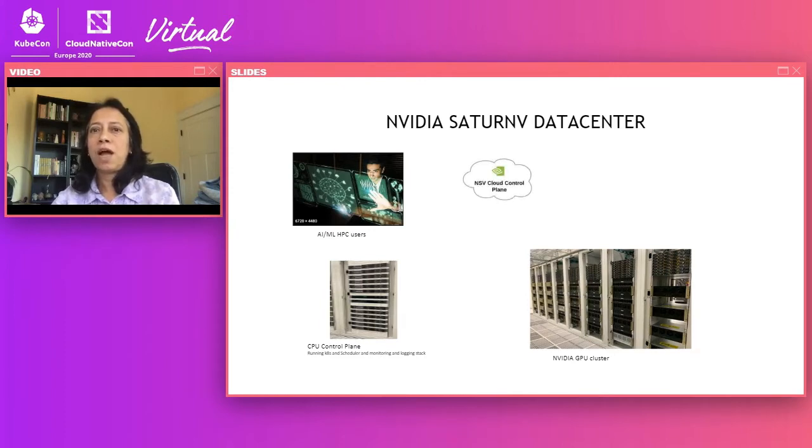On top of this, we added the NSV cloud control plane for the users to interact with. The users use the NSV API to schedule their jobs on the NSV cloud control plane. The request is then sent to the CPU control plane, which forwards it on to the scheduler. The scheduler sends metrics back to the CPU control plane.